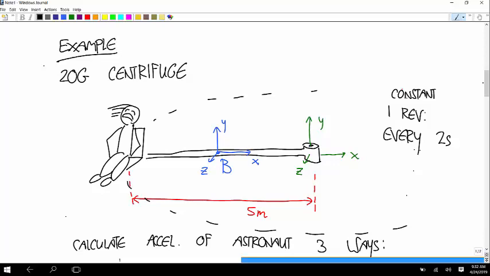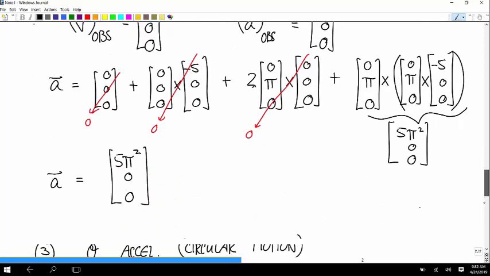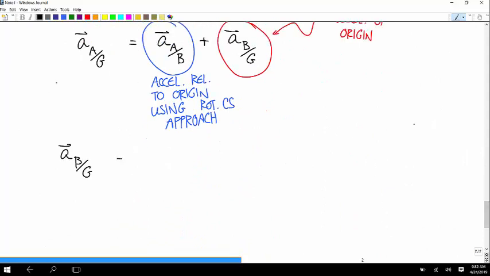So this is just going to be alpha cross R plus omega cross quantity omega cross R. This term goes away because the body that we're talking about is like the arm.